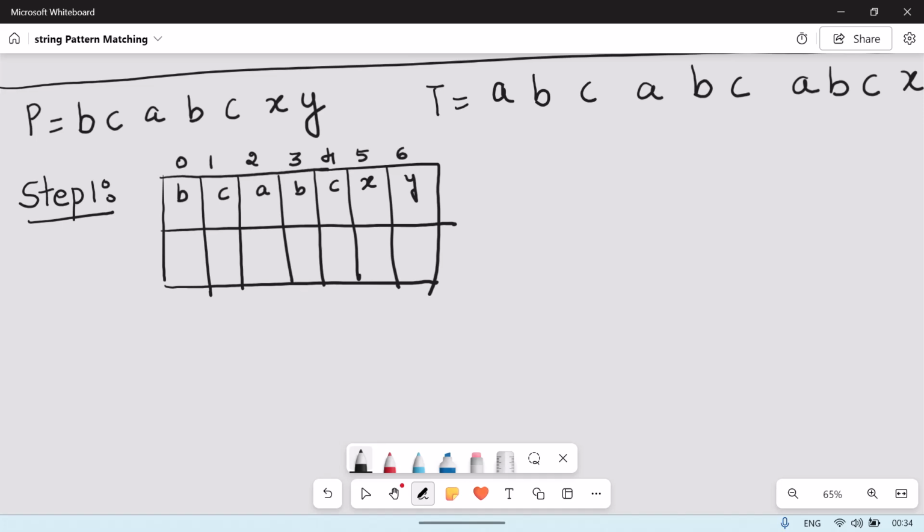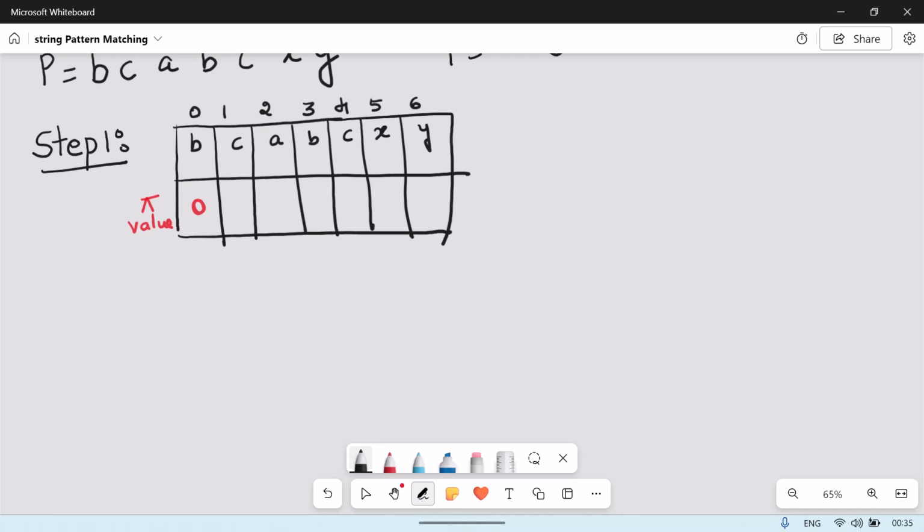I told you for the first one, these are your pi values. For the first one, by default, it is 0. For the second one, B is already there. Now you take one more character, C. Check if both are equal. No, it is not equal. So if it is not equal, by default here, 0.